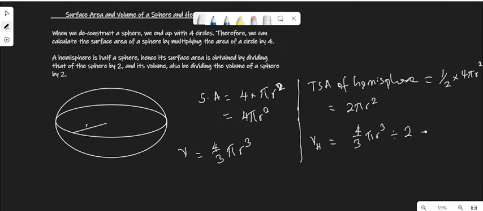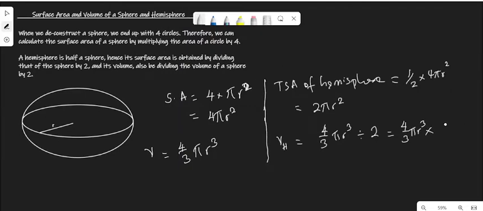In other words, I'll have 4 over 3 pi r cubed times half, 1 over 2. And 4 times 1 is 4, I have 4 pi r cubed. 3 times 2 is 6. So 4 over 6 pi r cubed is the volume of a hemisphere.